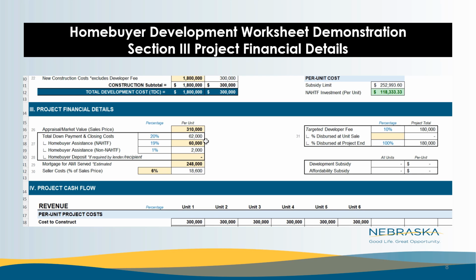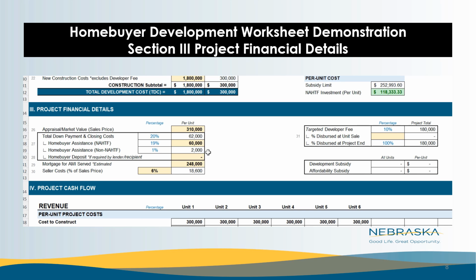Then the total down payment and closing costs. You input the amount into line 27 of what the trust fund is figuring to use per unit. $60,000 is the number that they were expecting to budget for homebuyer assistance using trust fund.